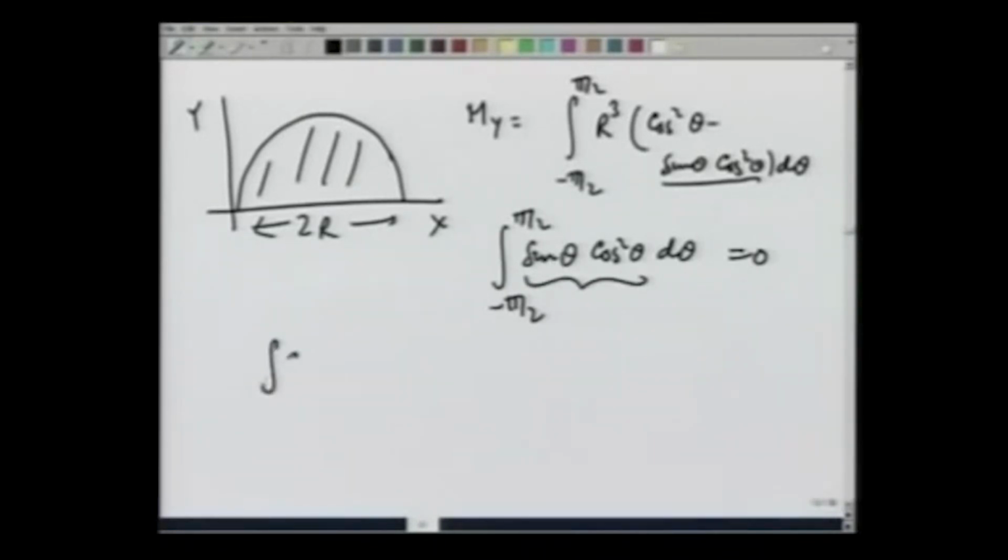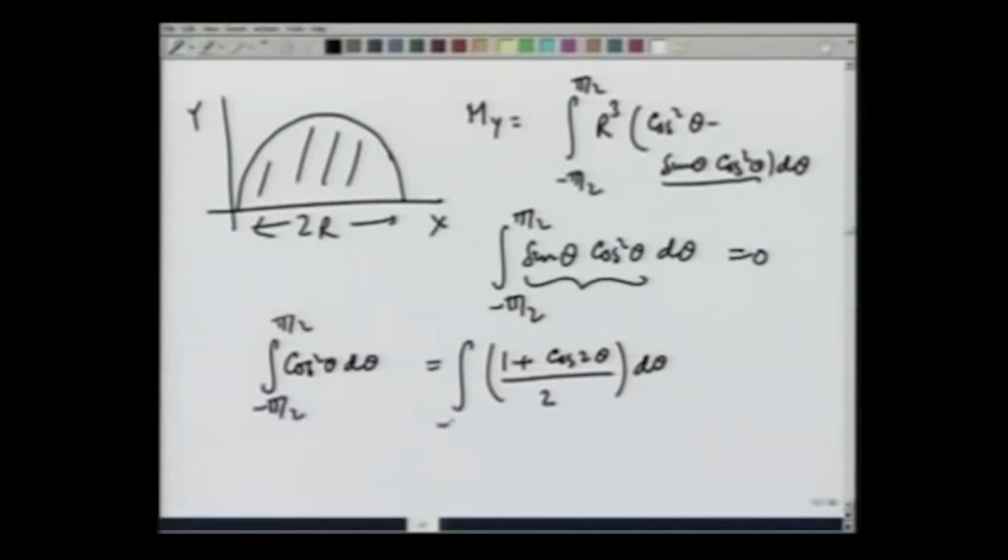The integration of cosine squared theta d theta from minus pi by 2 to pi by 2 comes out to be the integral of (1 plus cosine 2 theta) over 2 d theta, which is nothing but pi over 2.